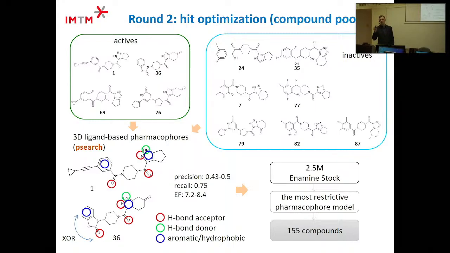I didn't show you 3D structures, just 2D structures to demonstrate which features were considered as common for actives and inactives. So we obtained quite good results on the test set, some good enrichments. And finally, we used the most restrictive pharmacophore model to screen the whole Enamine stock compound library to select something similar. And finally, we selected 150 compounds with this approach.